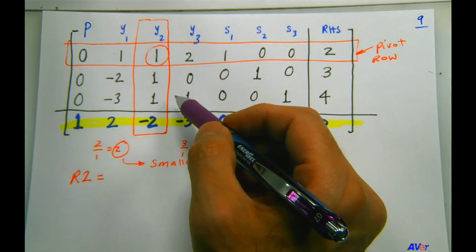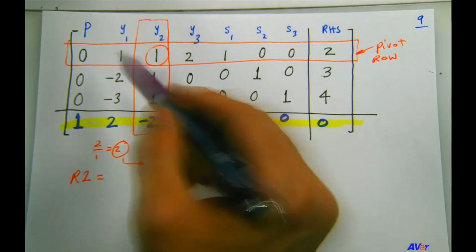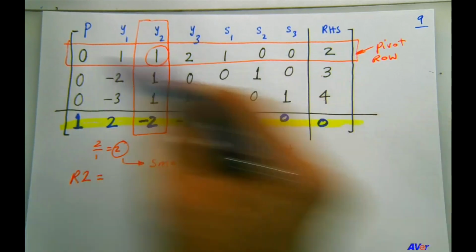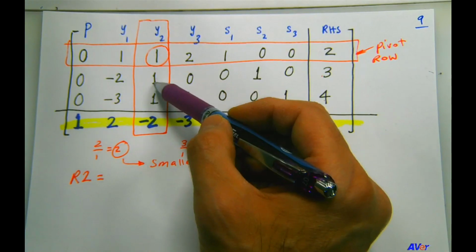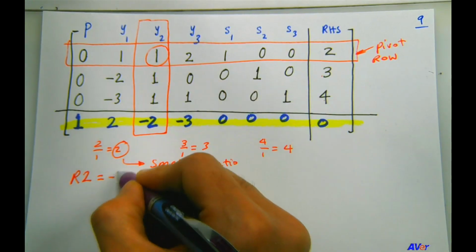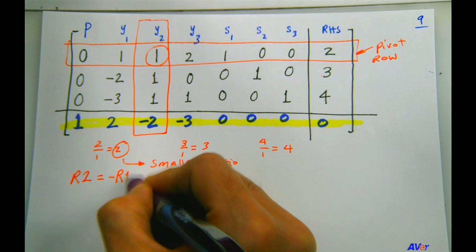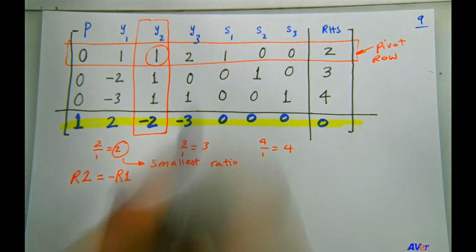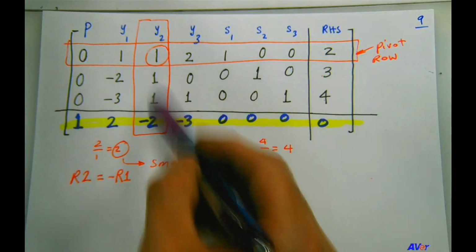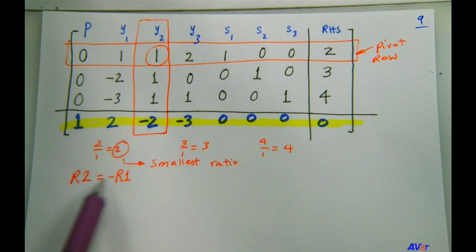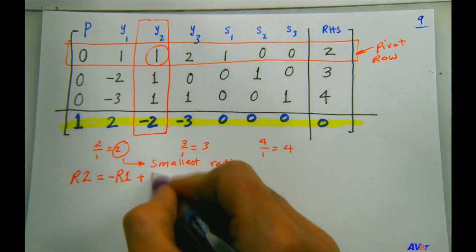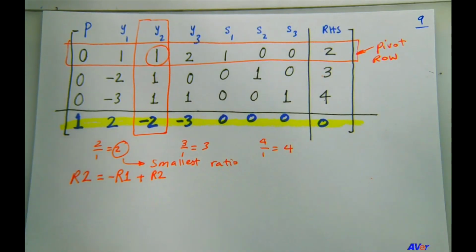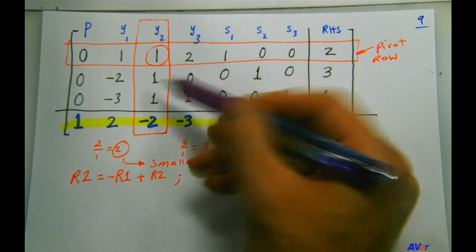The negative 1 comes from multiplying the pivot row by negative 1 and adding it to row 2. So minus 1 times row 1, which is the pivot row, plus the row we're changing, which is row 2. That's the row operation for converting this one to 0.